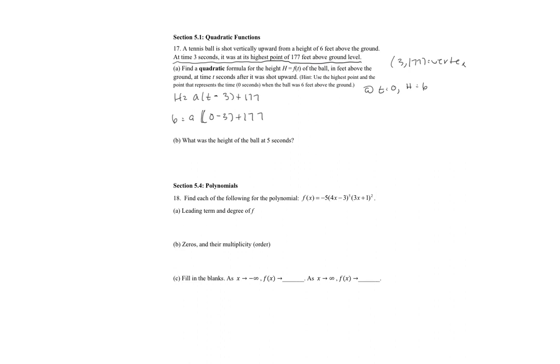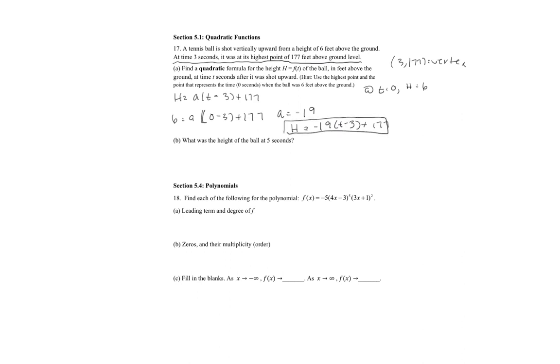And so then if we solve for a, we'll get a equal to negative 19. And so then our actual equation will be h is equal to negative 19 times t minus 3 squared plus 177.